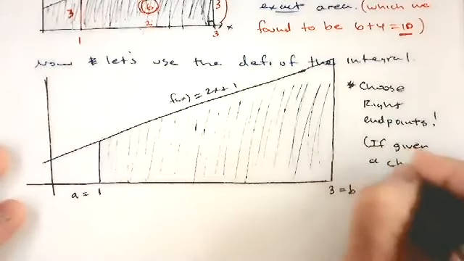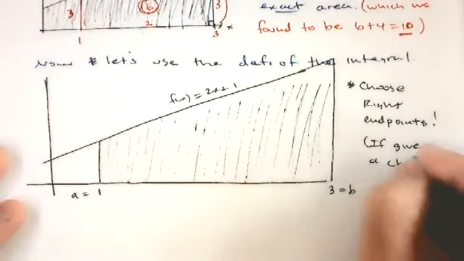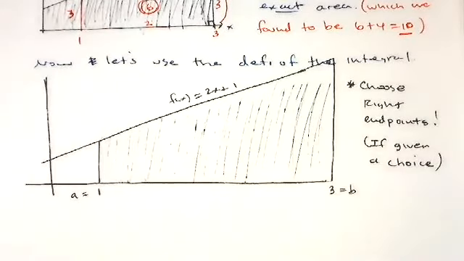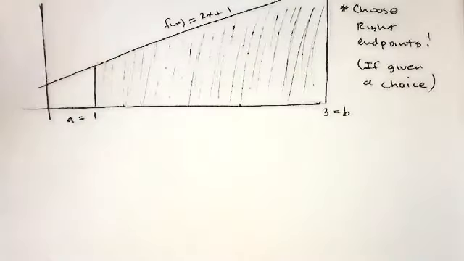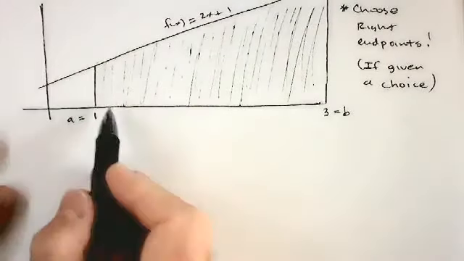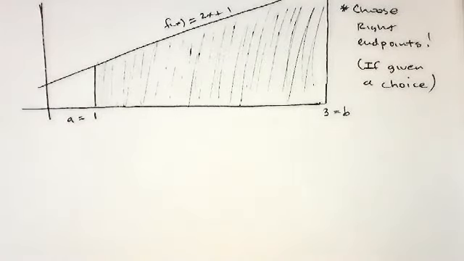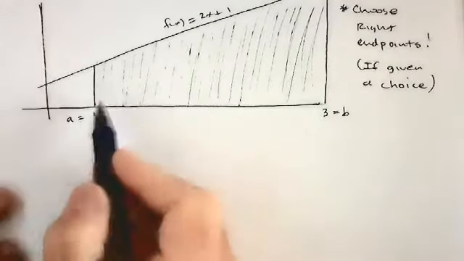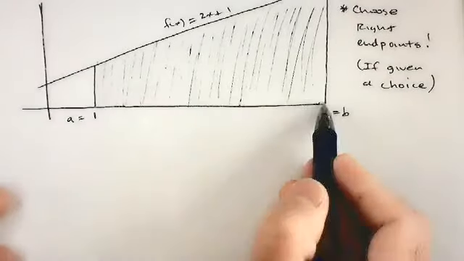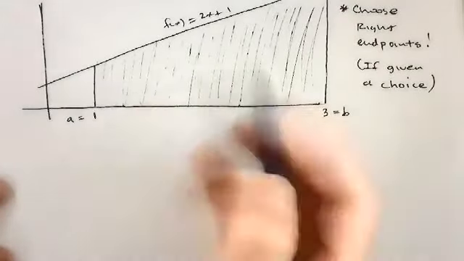If it says set up this integral using left-hand endpoints, then I guess we have to go there. So here's the idea. Starting at 1, I know I have to fit an infinite number of rectangles, but if I make them infinitely thin, we're not going to see anything.